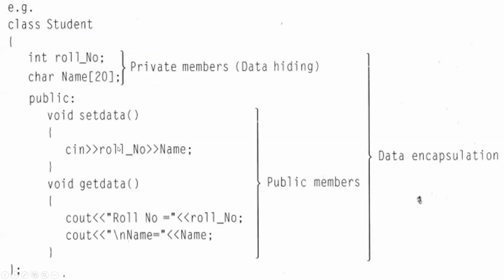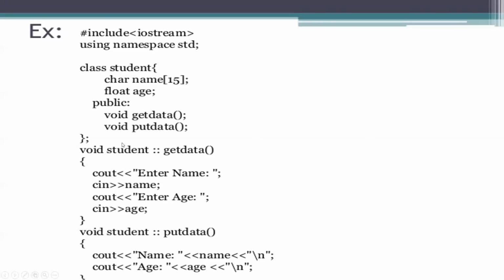I am inside the class. And in this slide, I have just declared the functions public. The data members are private. Member functions are public. I have terminated my class here. Okay. And outside the class I am defining the function.